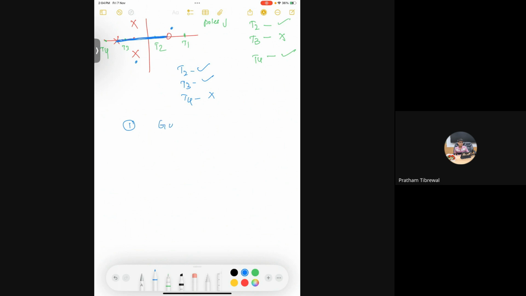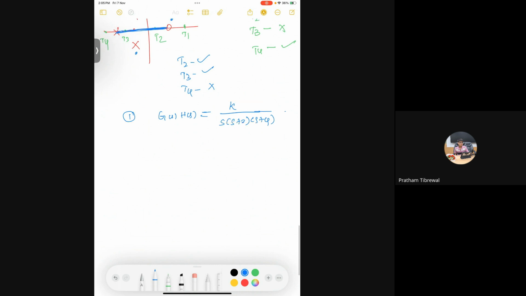I'm taking an example: G of s, H of s is equal to K by s into s plus 2 into s plus 4. The first step of finding a root locus is to find the location of zeros and poles and plot.